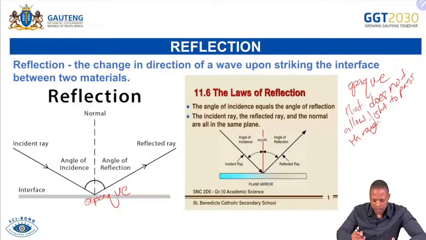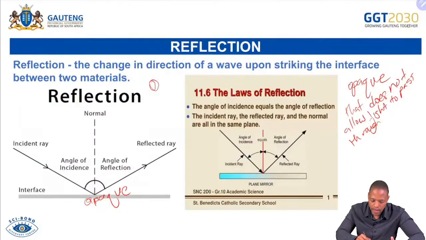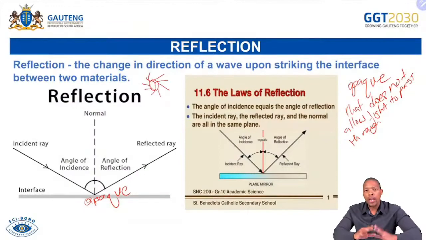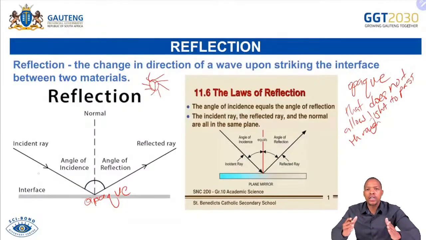So the way we investigate this in grade 12 is we look at one light ray, because if you think about it, maybe if you had a source of light like the sun here, the sun will have thousands and thousands of light rays that are being emitted from the sun. So we only take one of these light rays and we draw it using a line with an arrow to indicate that this is a light ray.